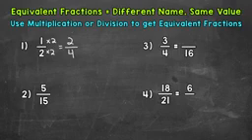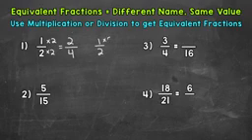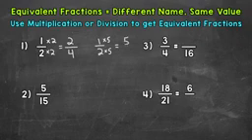Let's try another example here. Come to the right, and let's multiply both our numerator and denominator by 5. So we end up with, well, 1 times 5 is 5, and then 2 times 5 is 10. 5/10 is equivalent to 1/2. Different names, same value.